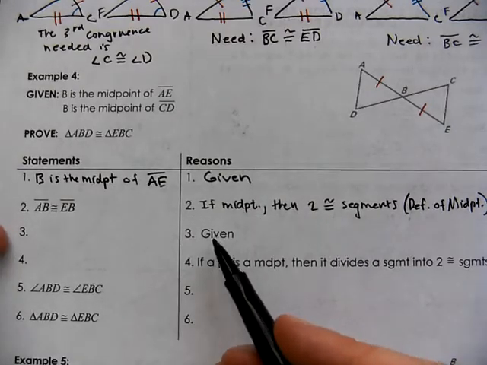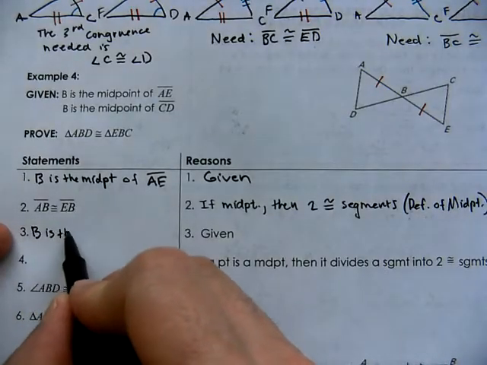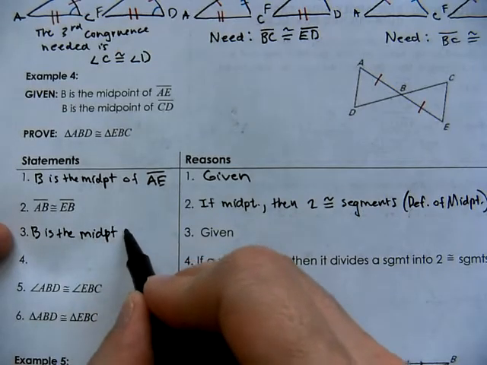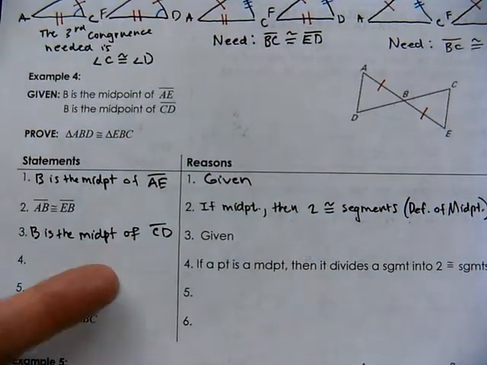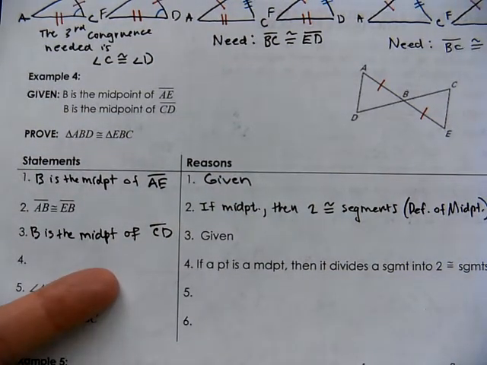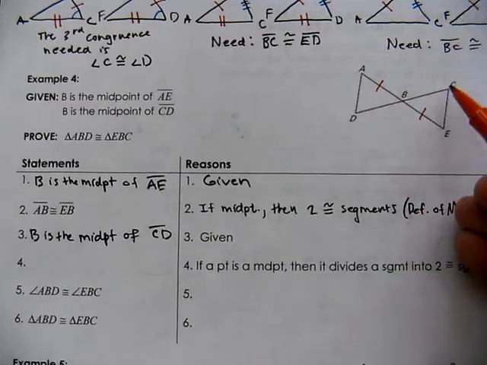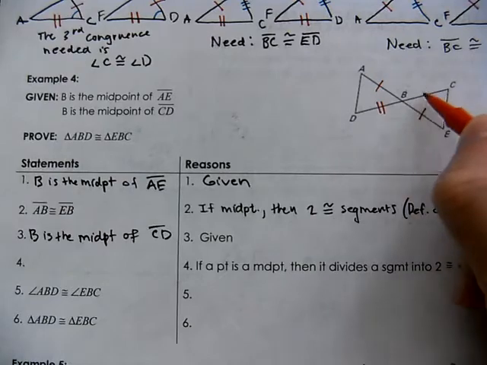Here's our other piece of given information. B is the midpoint of segment CD. Alright, well, if B is the midpoint of segment CD, what does a midpoint do? It creates two congruent segments. So we know segment DB will be congruent to segment CB.